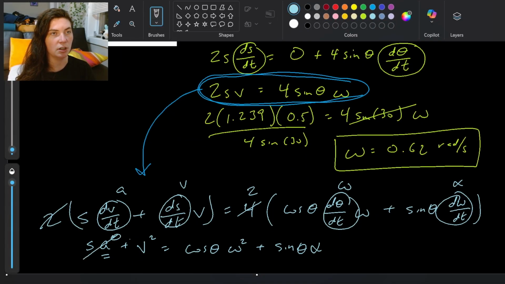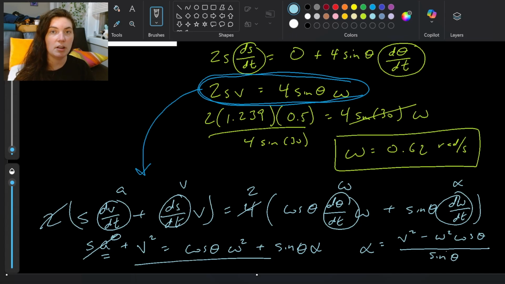That first term is going to go to 0. So when I rearrange this equation, I'm going to get alpha equals v squared minus omega squared cosine theta over sine theta. And I have all of those values. I can plug all of those in.